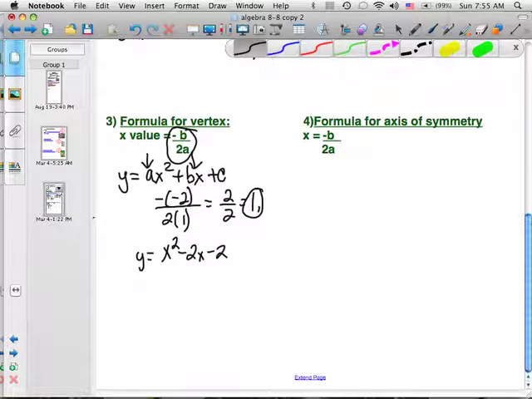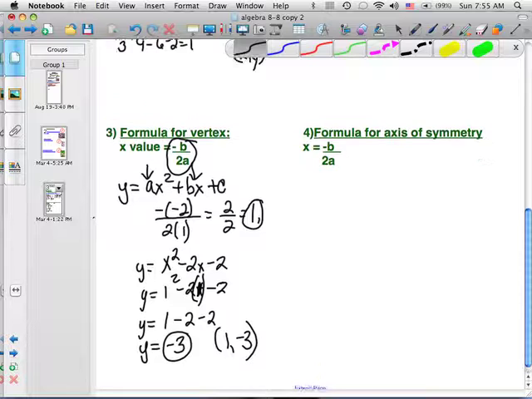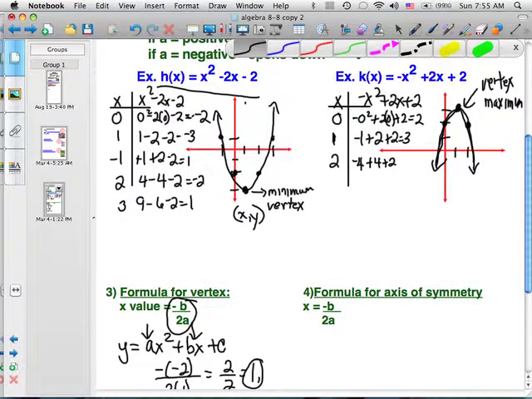So 1 squared minus 2 times 1 minus 2, so the value of y is 1 minus 2 minus 2, which is 1 minus 4, which is -3. So our vertex is 1, -3. If you go back up here, here it is, it's 1, -3.